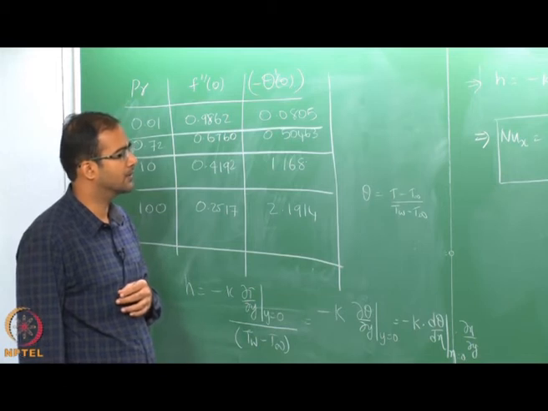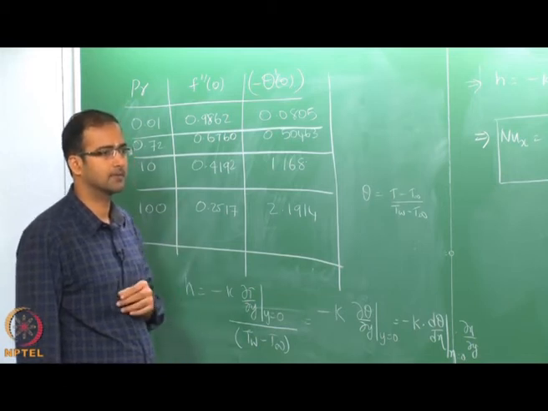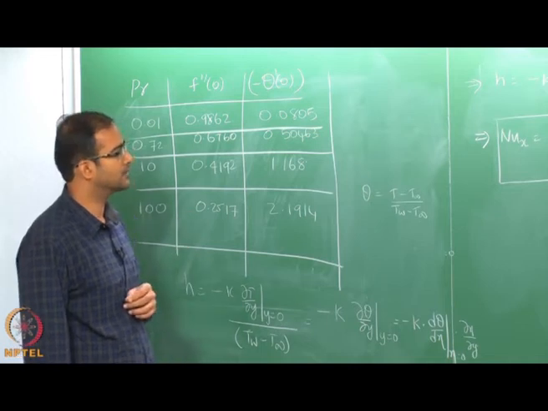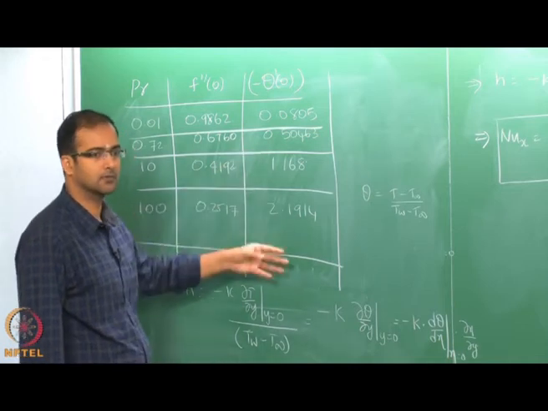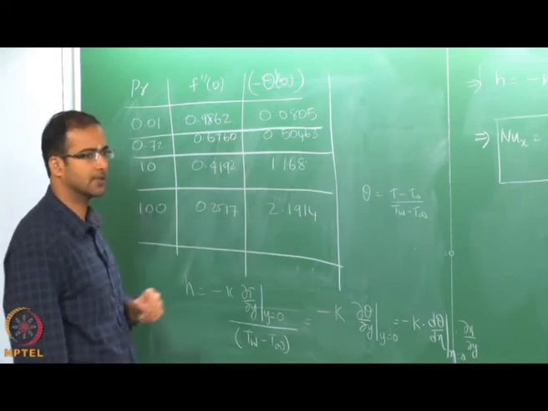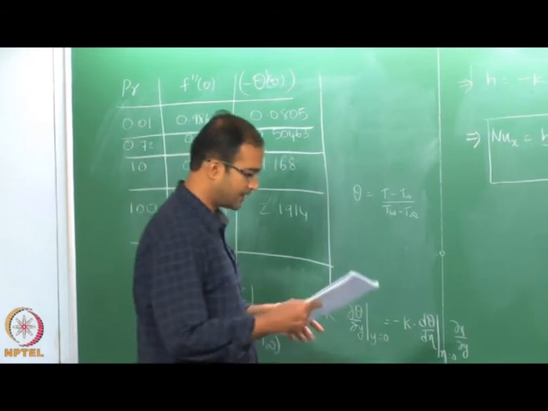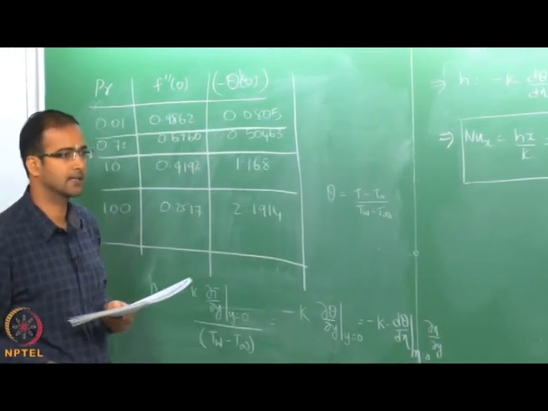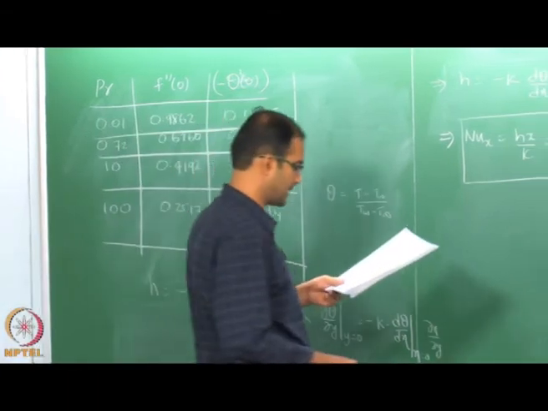So, therefore, he stopped with the equation and maybe found just one solution, but it was later Ostrach who extended it to so many Prandtl numbers, much lesser than 1 to much greater than 1, and then he fit a curve to this d theta by d eta as a function of Prandtl number.